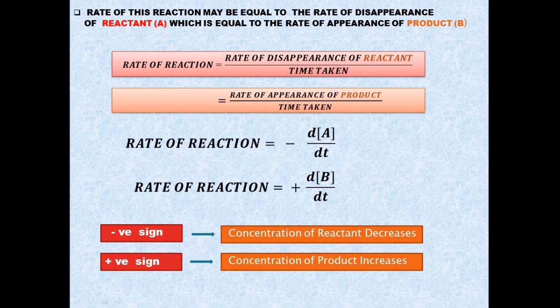Negative sign indicates the concentration of reactant decreases. Positive sign indicates increase in the concentration of product B.